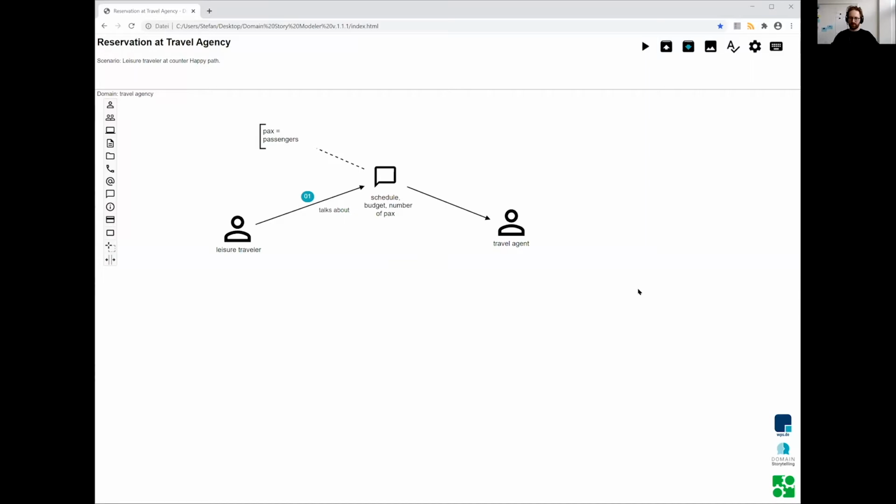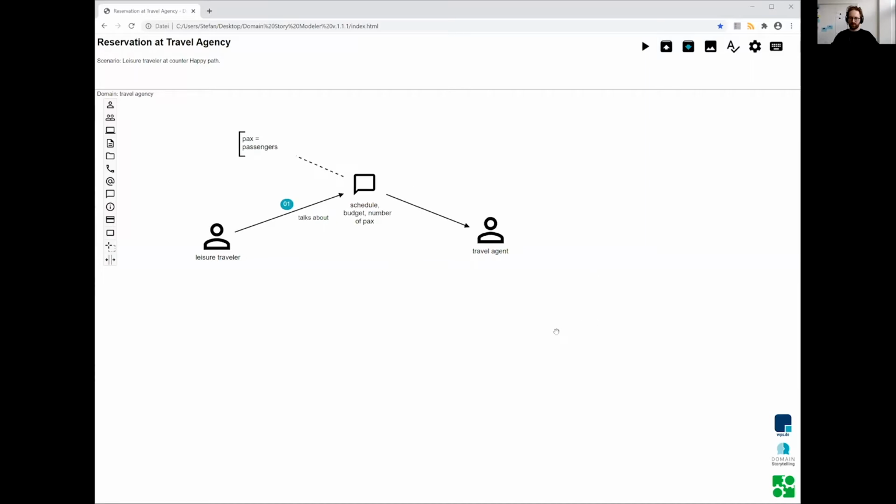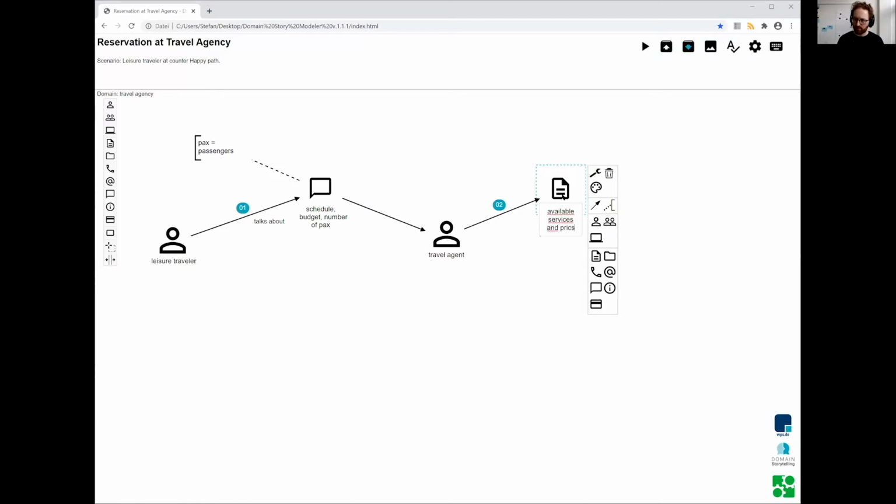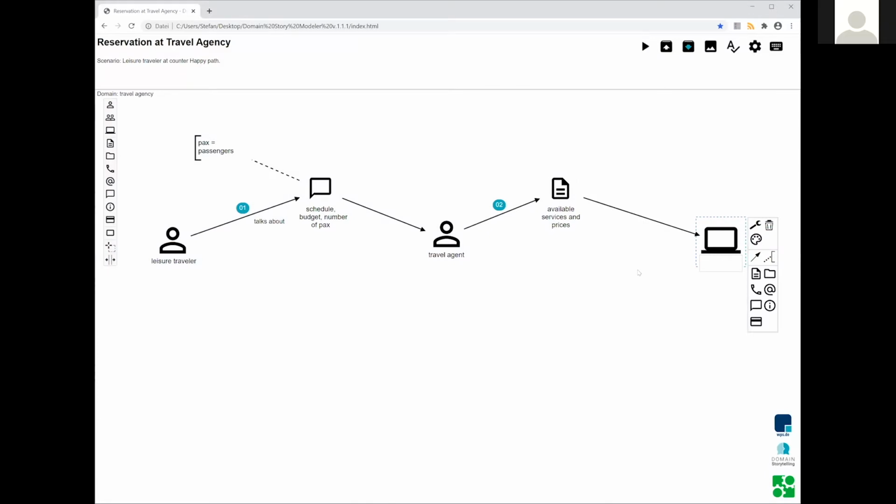Then the travel agent checks the system for available services and prices. Okay, what system does he or she check? Does the system have a name? It's not a specific system. Usually we can use different systems, but it's an online ticketing system that I log into and check services availability.